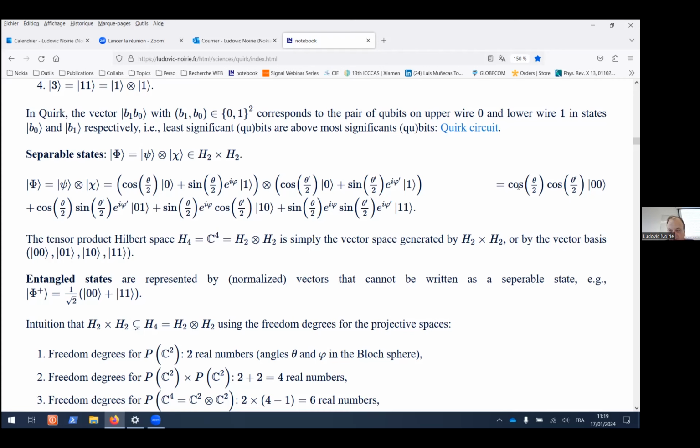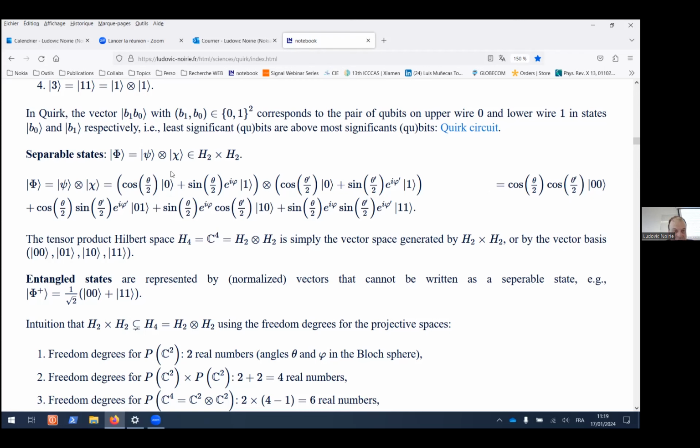This means that any cosinus or any sinus of theta divided by 2 or theta prime divided by 2 cannot be equal to 0, meaning that this coordinate on the other vector of the basis cannot be equal to 0, while here for this state they are equal to 0.